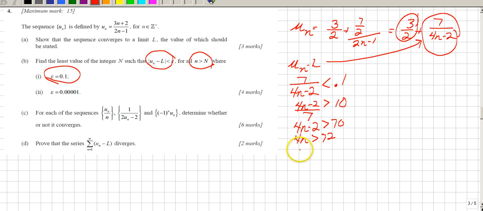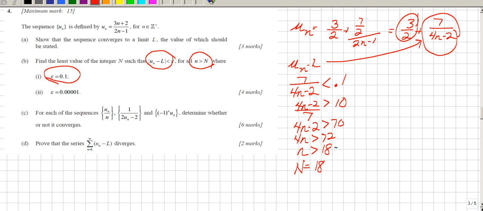Divide both sides by 4, n is greater than 18. All right, so what that means is you have to go out 18 terms until the difference between the actual term value and the limit value of 3/2 is less than 0.1. So our first N is equal to 18.